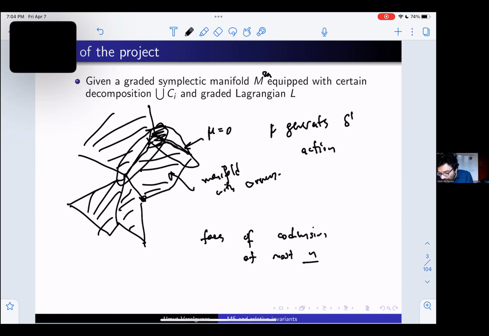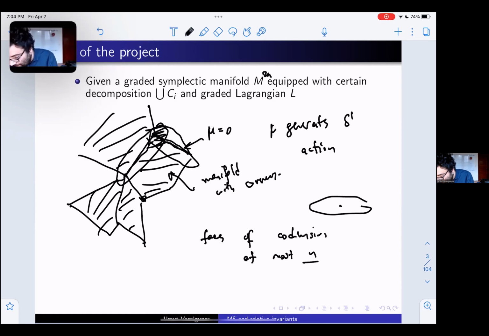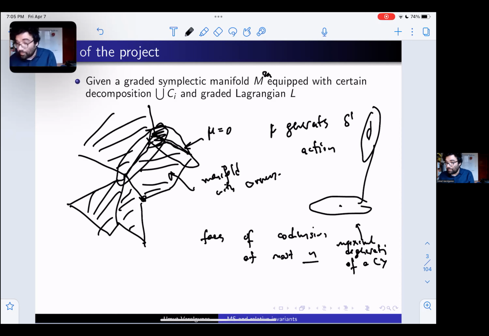Yeah, so there are two places where these are supposed to come from. So the first one is if you have a Calabi-Yau. So here I have a degeneration, a maximal degeneration, of a Calabi-Yau. So I have some actual smooth fiber here.